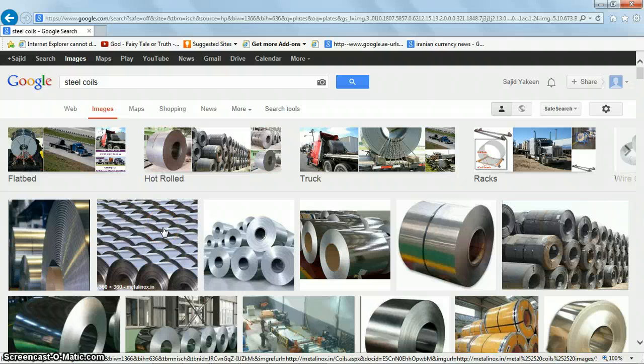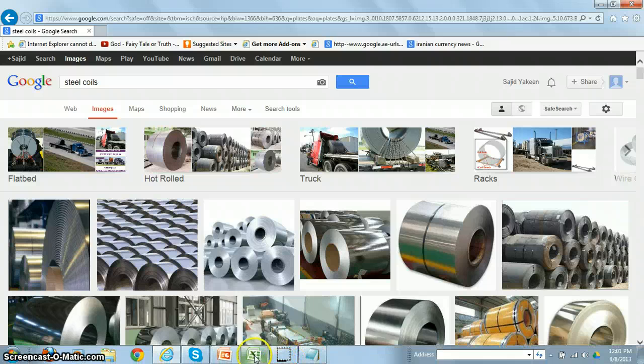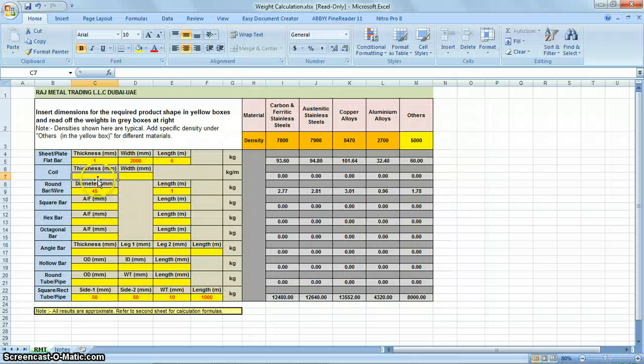So you can also cut the coil to the sheets or the plates, whatever. So it's something like buying wholesale basically. You buy a lot of sheets, so you can buy a coil and cut it into sheets.